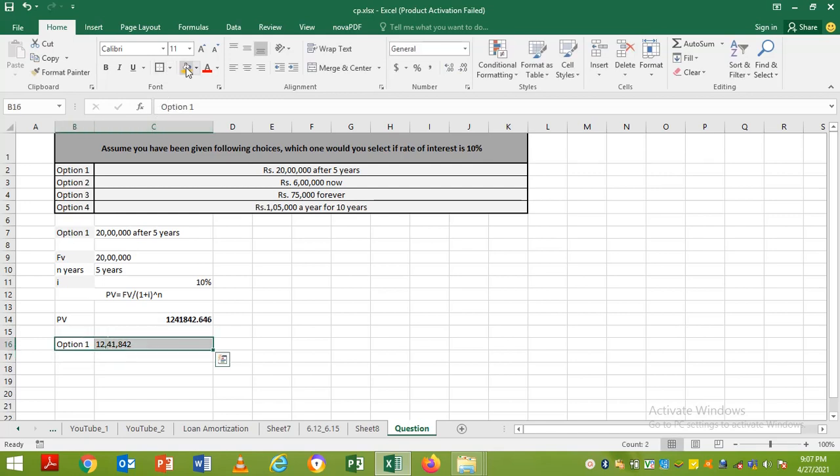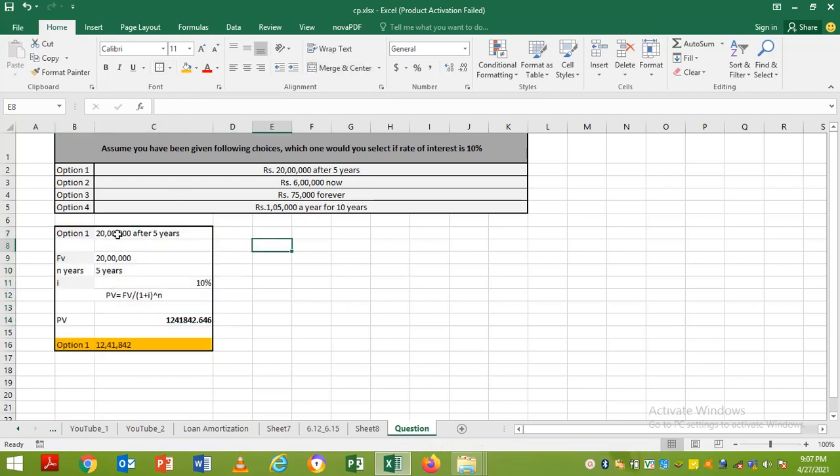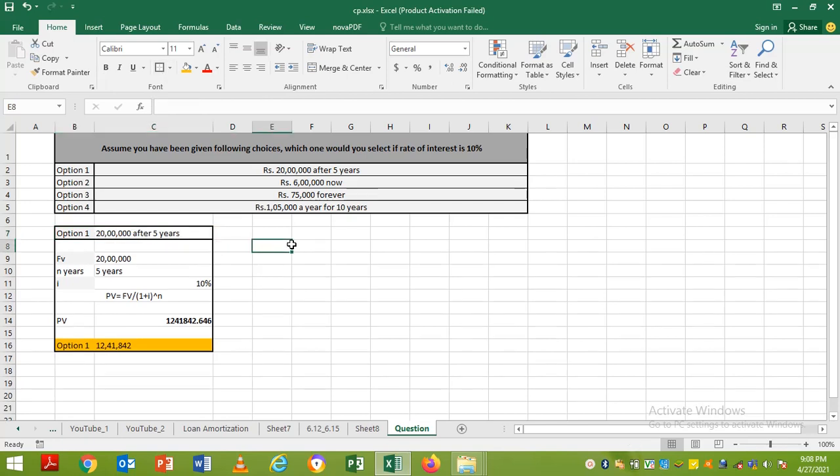Let us highlight this answer so that we can compare with the other options. This is the answer for option number 1. Option 2 is already given in present term, so we need not find any value.